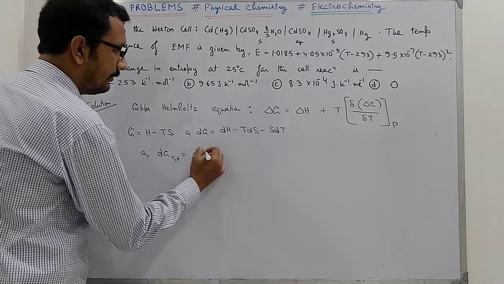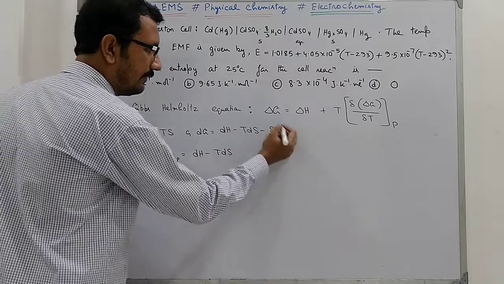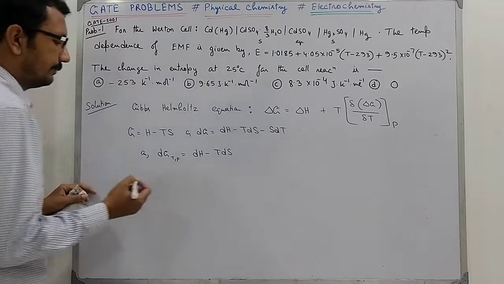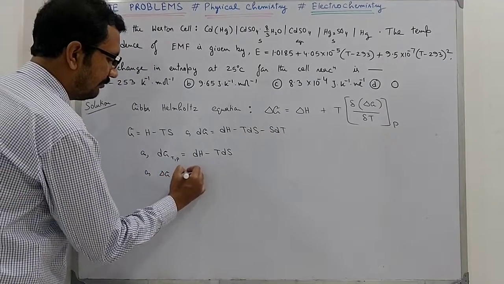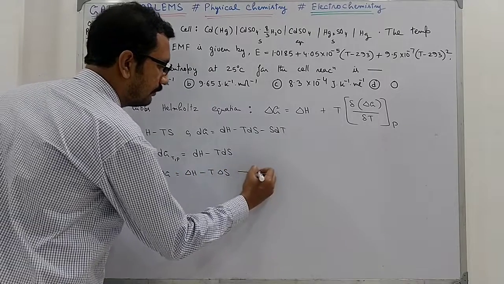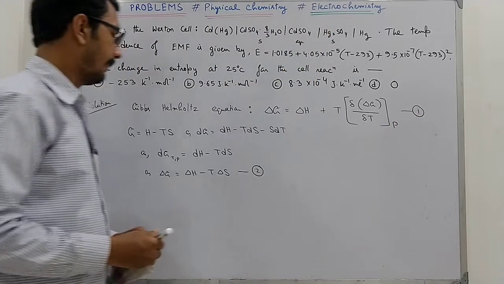So it will be dH minus TdS only. This SdT will be 0 since the derivative of a constant is 0. Now for finite change, what will be the value? It will be ΔG equals ΔH minus TΔS. So this is equation 2 and this is equation 1.